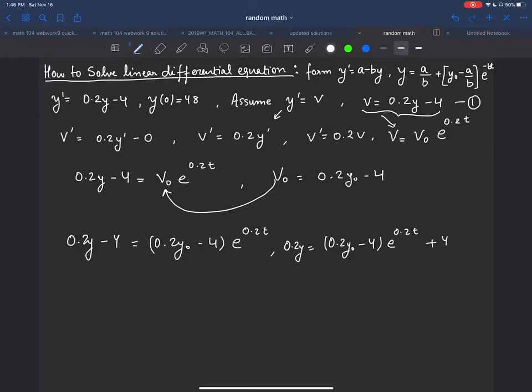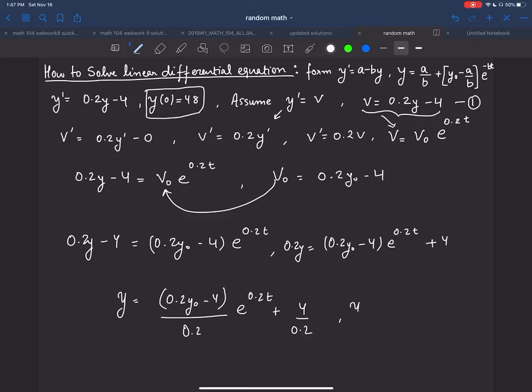Now when you divide both sides by 0.2, your answer should look something like this. And now you plug in the given value of 48, and your final solution should look something like this.